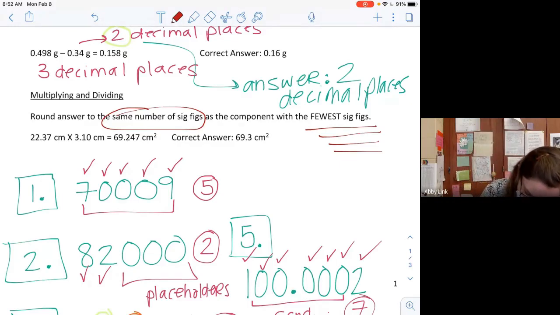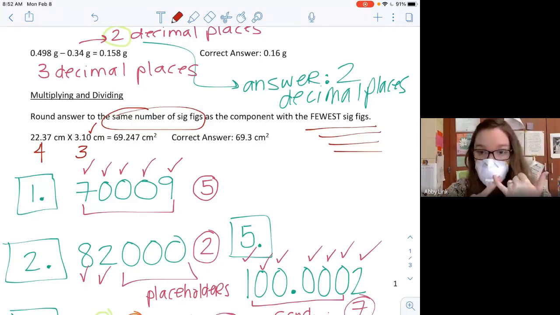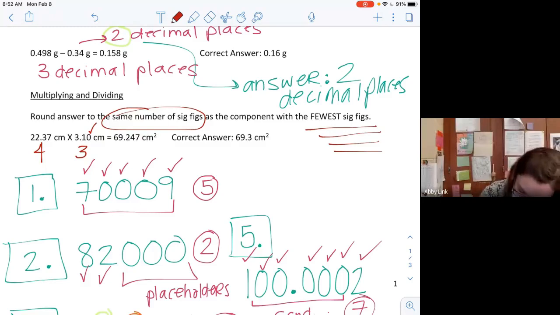That has 4 sig figs. I hope we would all agree on that. And then 3.10 has 3 sig figs. That 0 is significant because it is trailing the right of the decimal point and trailing something significant. So my answer should only have 3 sig figs.